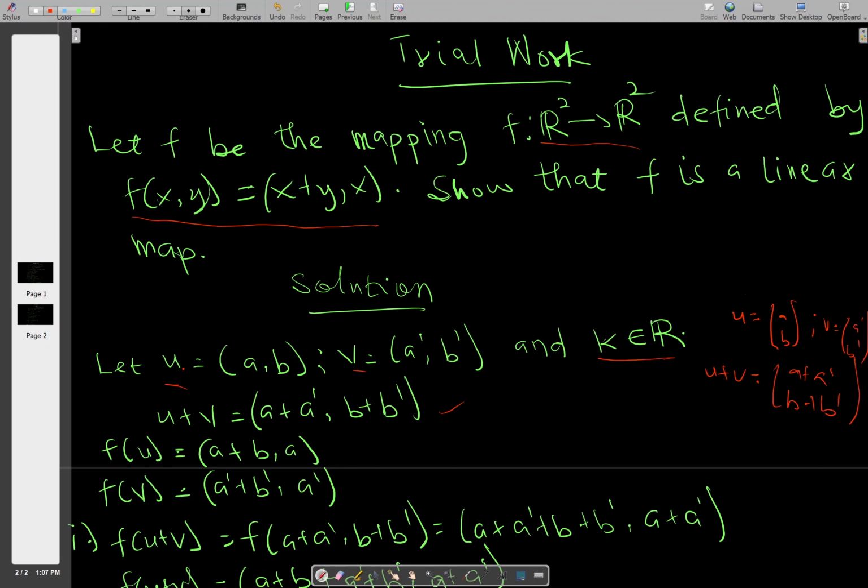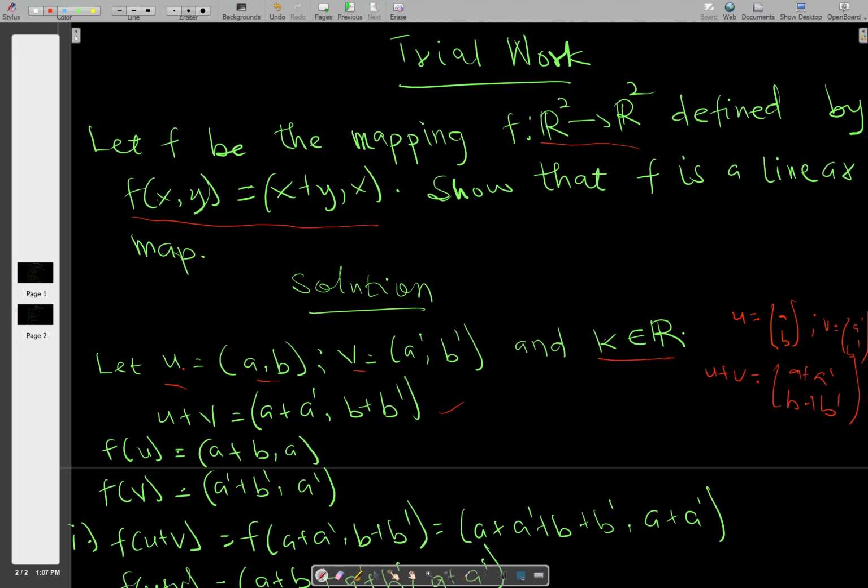Okay. Then from the definition, we know that f of (x, y) is given by (x plus y, x). So we can apply it here. So f of u, where f is the operator, is given by (a plus b, a). So we find the sum of the elements in u.